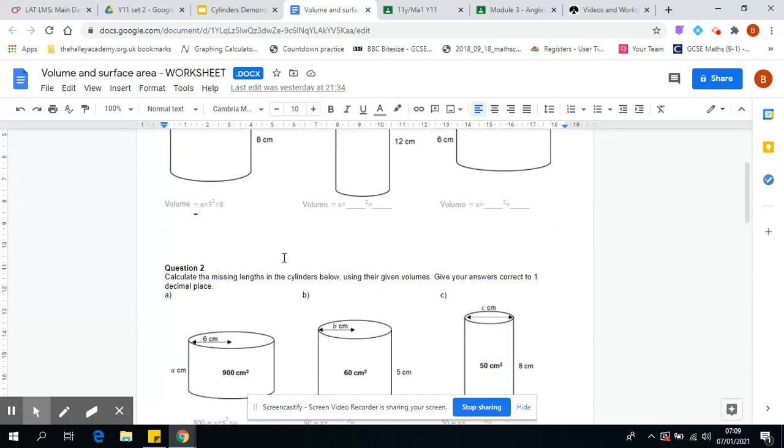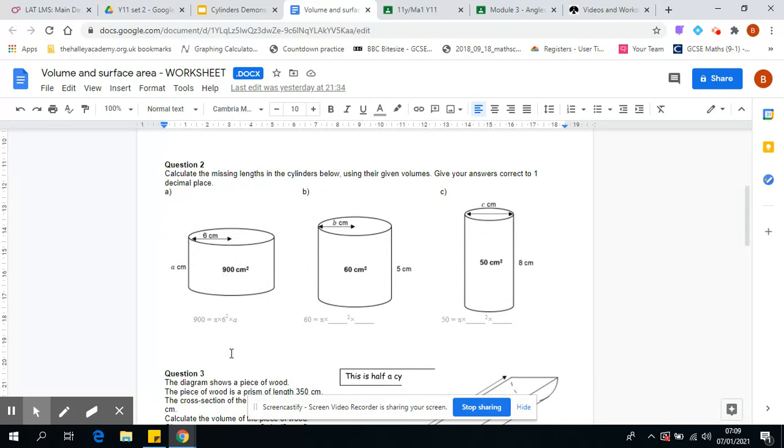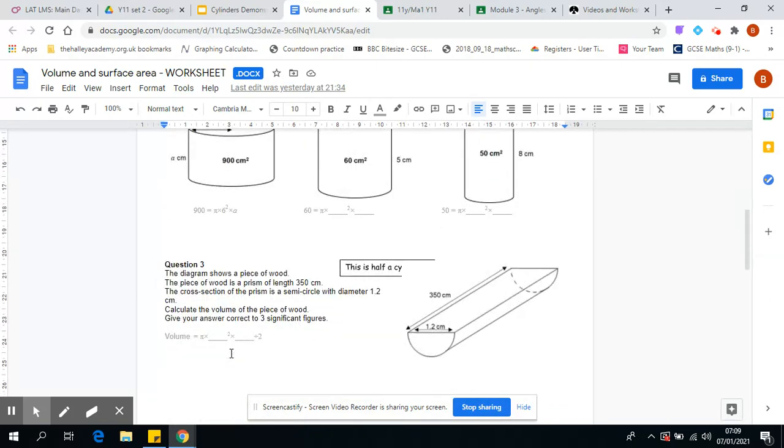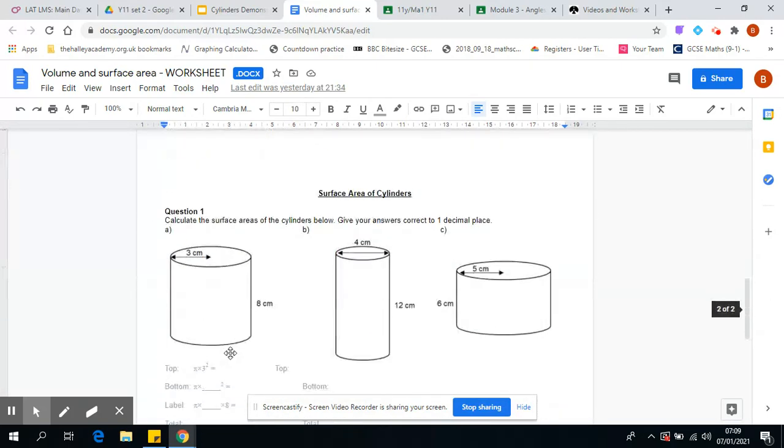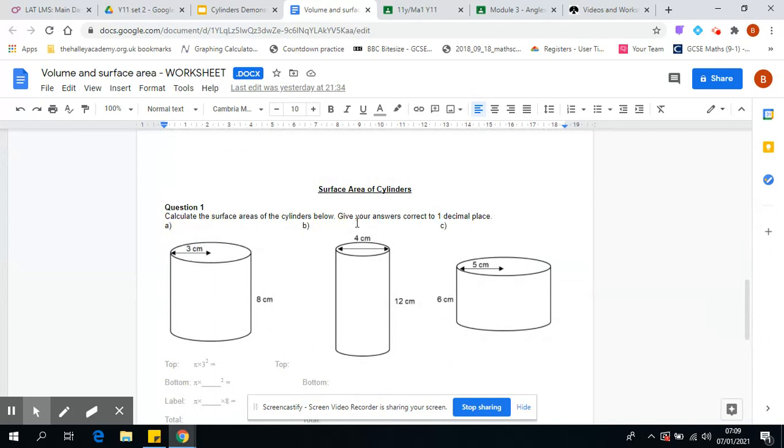It is absolutely essential you complete the worksheet and then send your completed worksheet on the Google assignment for me to check and mark it. If you need additional support, please refer to the YouTube video attached to the assignment. Good luck.